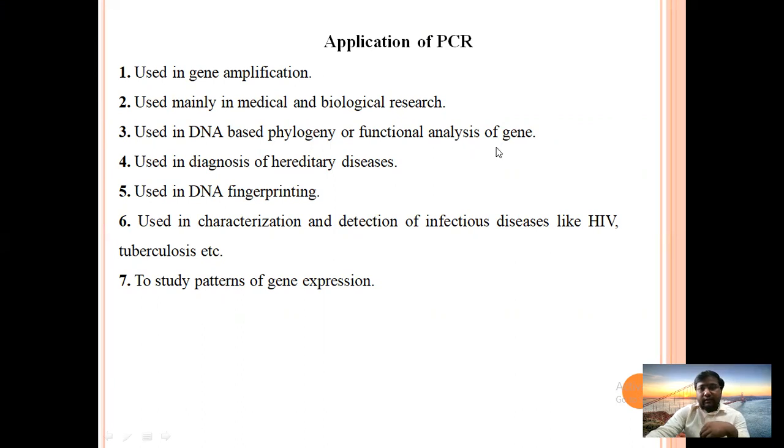It is used in diagnosis of hereditary diseases. It is also used in DNA fingerprinting, that is in forensic science or parental testing. It is used in characterization and detection of infectious diseases like HIV, tuberculosis, etc., and to study the pattern of gene expression.